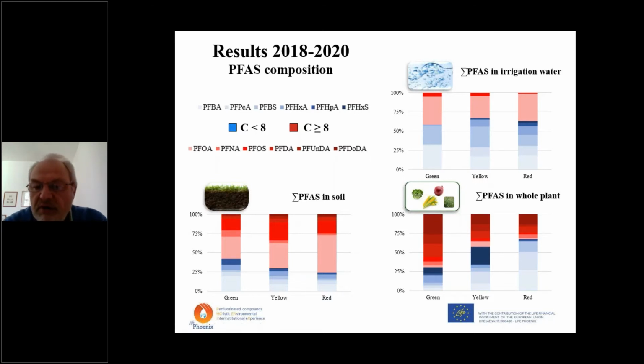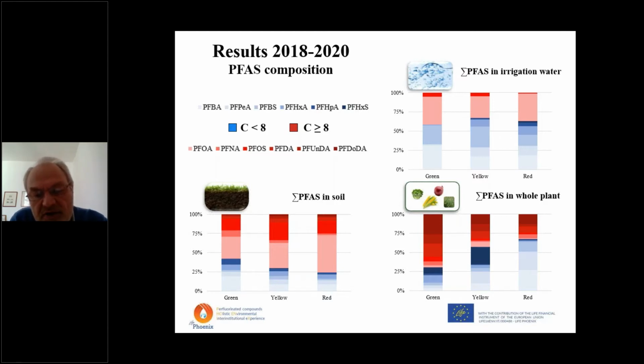Why are they believed to be more recent? Okay, the green areas are not directly impacted by recent irrigation water, and we think that irrigation water is rather unimpacted, with, of course, a background concentration of some nanograms per liter.